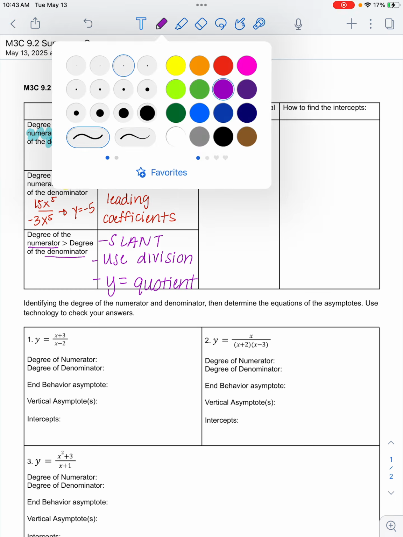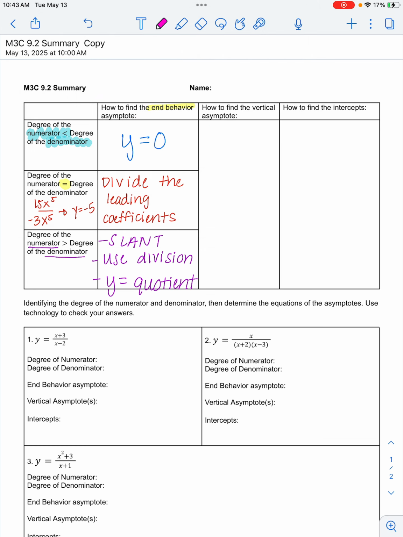And then every time to find our vertical asymptotes, we solve for the denominator equal to 0. So if I have an x plus 4 and an x minus 3, I would have x equals -4 and x equals 3.